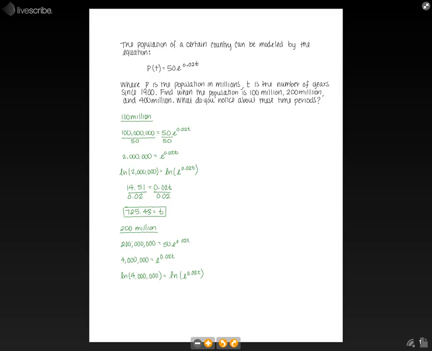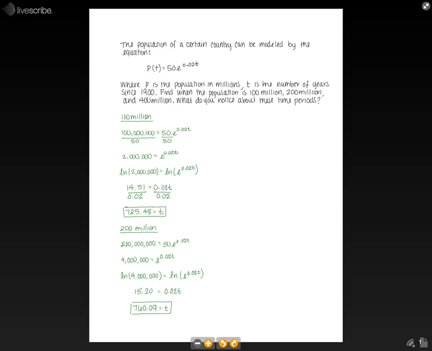When we put that in our calculator, we get 15.20 equals 0.02 t. If we divide both sides by 0.02, we get 760.09 equals t. So that means it takes 760 years to get to 200 million people.